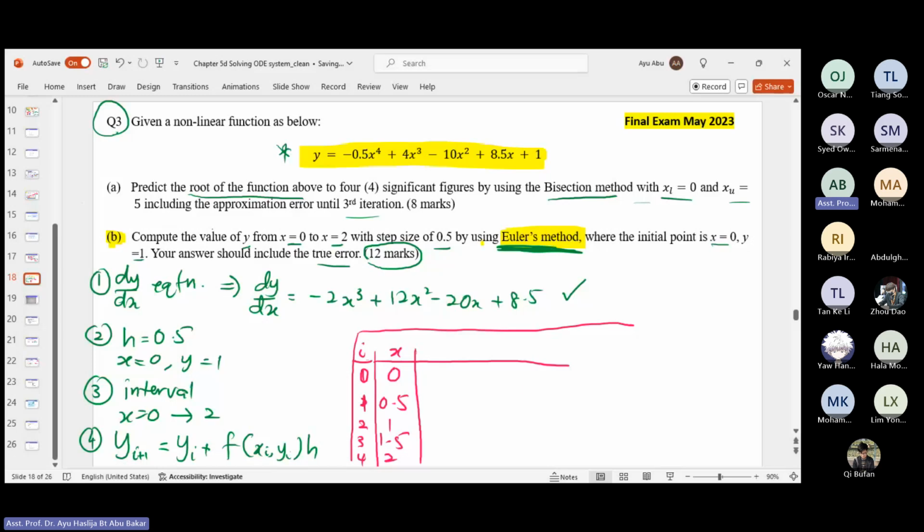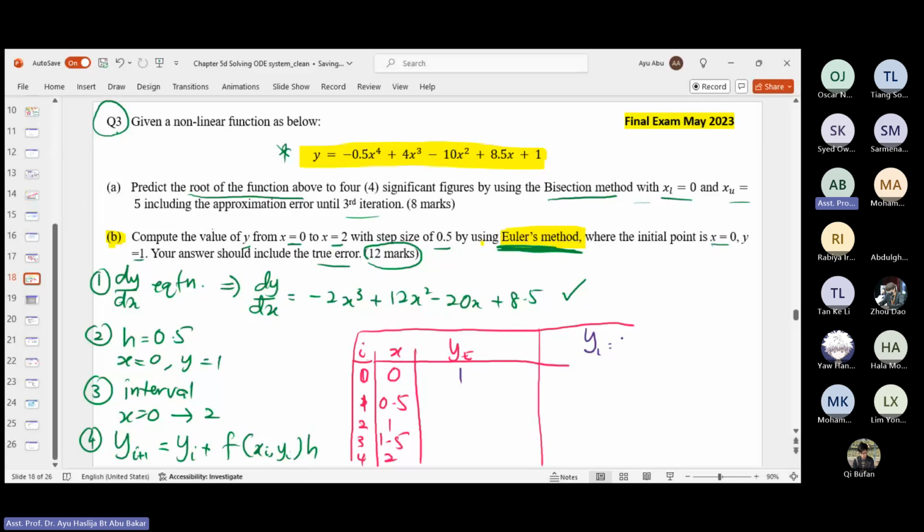Okay, then find your y Euler. Before that, our starting point is given, so start with 1. y0 equals 1. So to find y1, substitute the inputs into the Euler's equation.